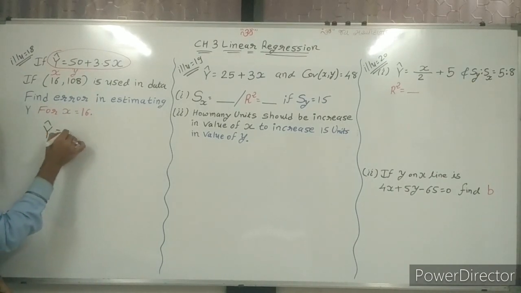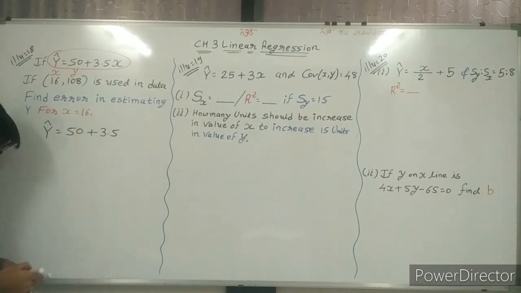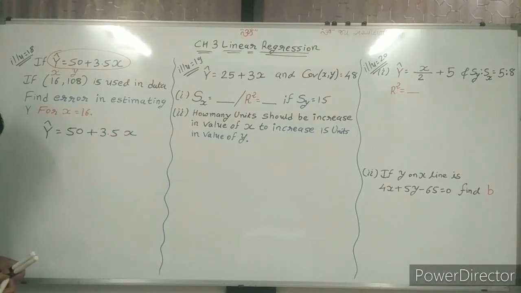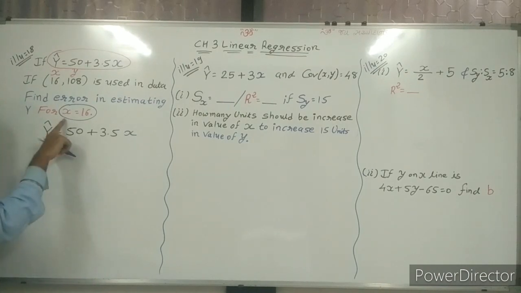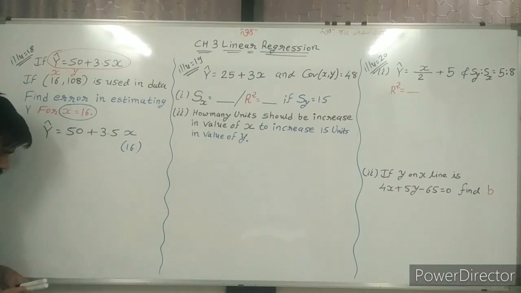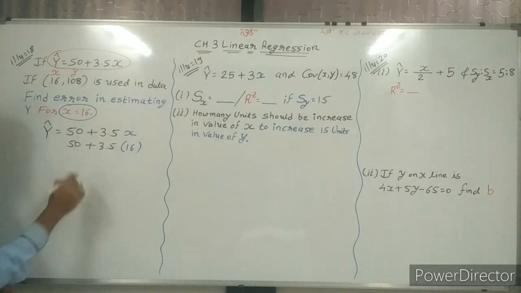Y cap is equal to 50 plus 3.5 into x. Now we need to take x is equal to 16 in this function. So replace x is equal to 16, remaining values as they are. So 50 plus 3.5 as it is, there is no change.